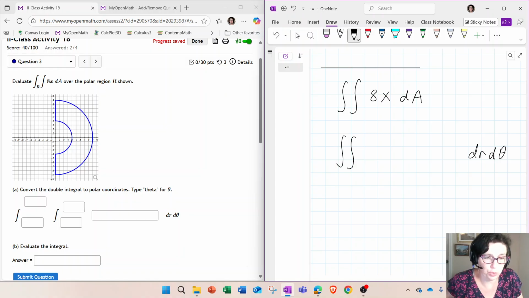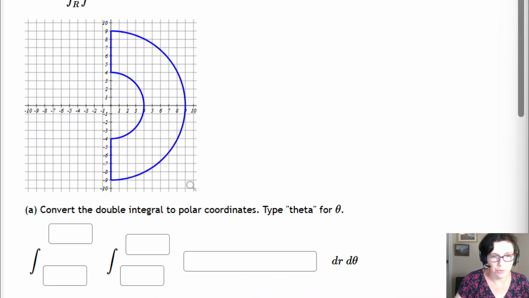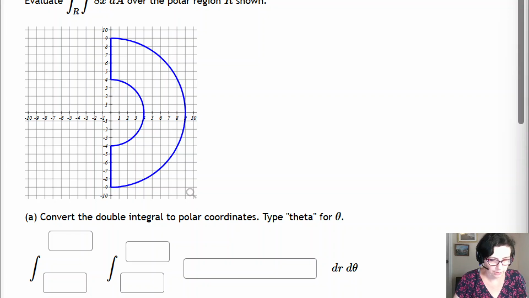So the first thing you need to do is determine your limits. And the way you do the limits is you're going to look at your region and first fix theta, right? So fix this theta. Let's say you start over here and this is your fixed angle. How does your distance to the origin change provided you are inside this blue region?